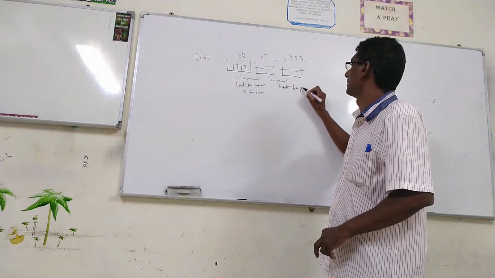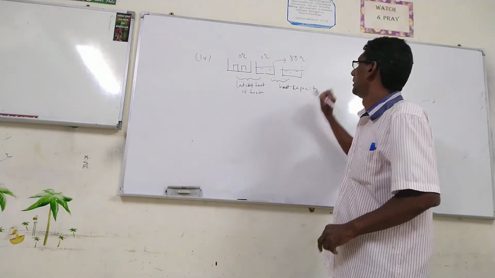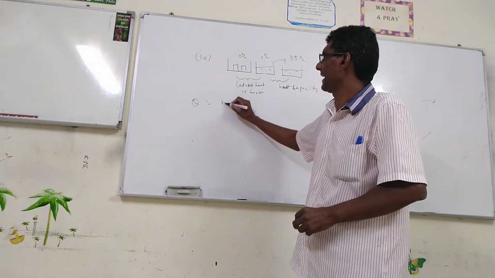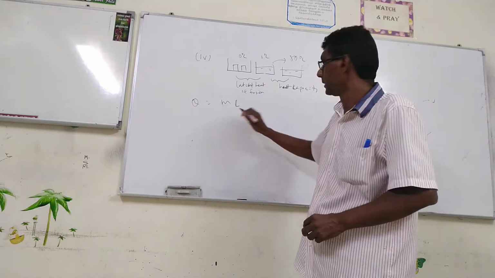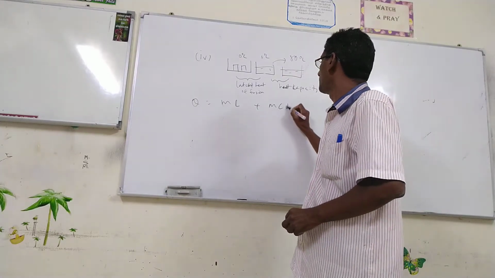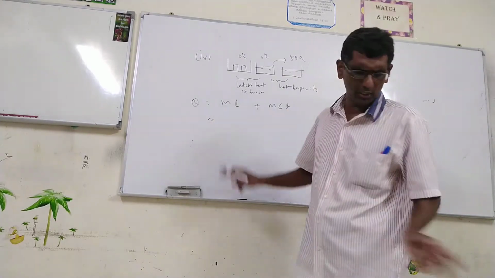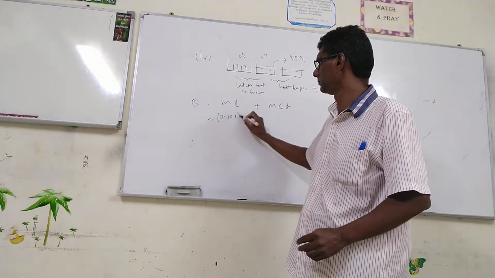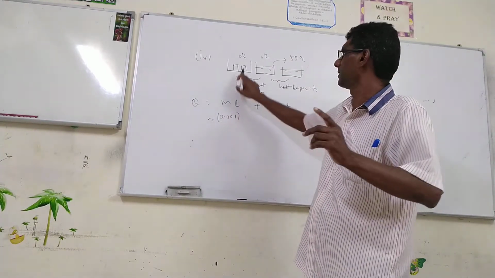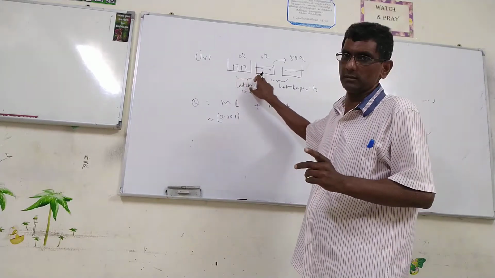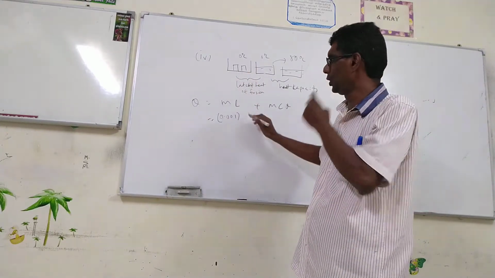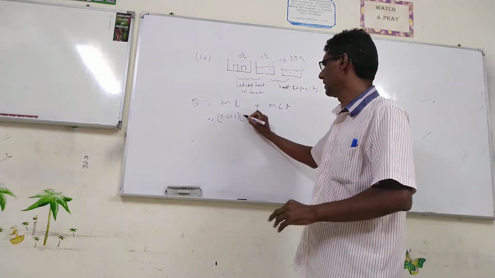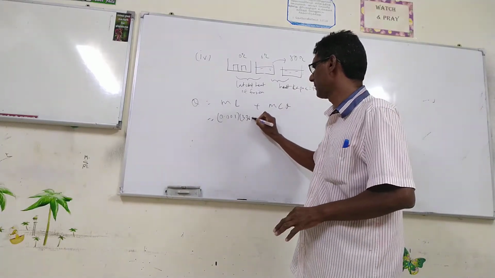Heat capacity. So the formula is Q equals mL plus mc theta. The m equals 1 gram, 0.001 kg. L means ice becomes water, solid becomes liquid, so latent heat of fusion, 3.36 times 10 power 5.